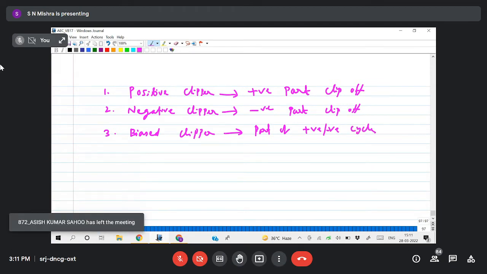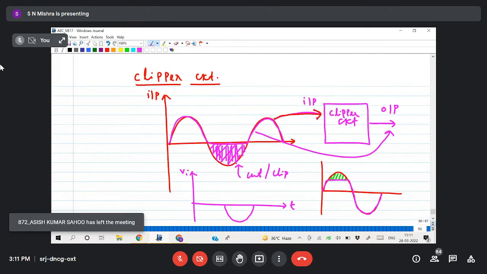Like in this example I have shown, this is fully clipping, so it is a negative clipper, this is a positive clipper, and this is a biased clipper, because it is not clipping the full cycle, it is clipping only this portion. Understood? Yes, sir.